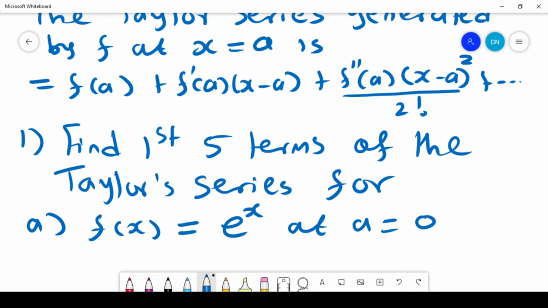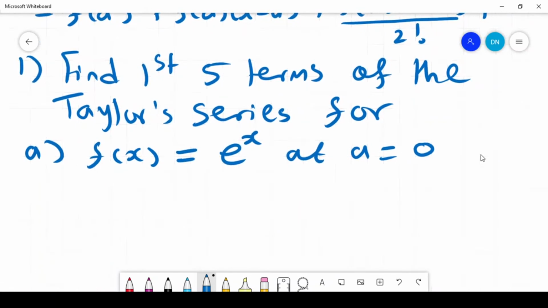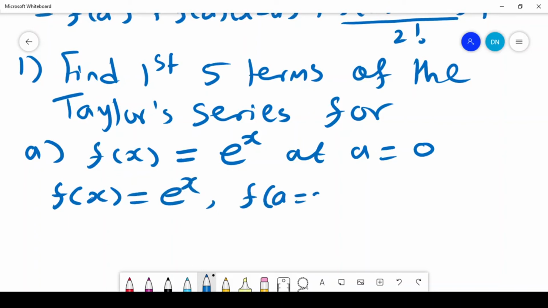So we want to find the first 5 terms, and that's where we start off. The first one is we start with f of a. f of x equals e to the x, and therefore f of a, and remember your a is 0, is f of 0 equals 1.